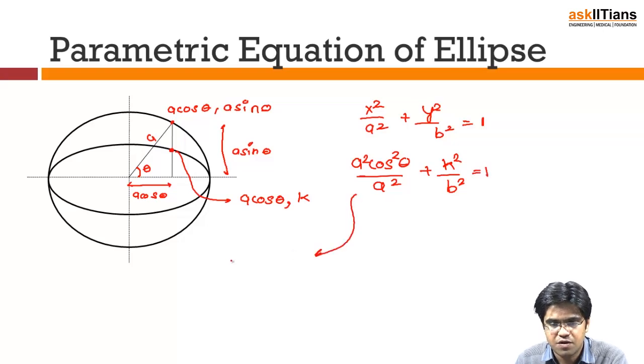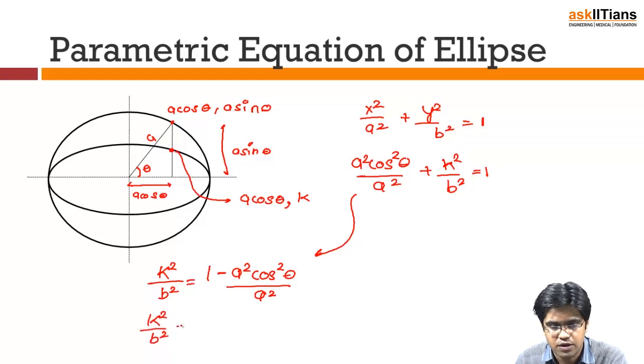If I simplify it, k square by b square is equal to 1 minus a square cos square theta divided by a square. That means k square by b square is equal to sin square theta, or k is plus or minus b sin theta.